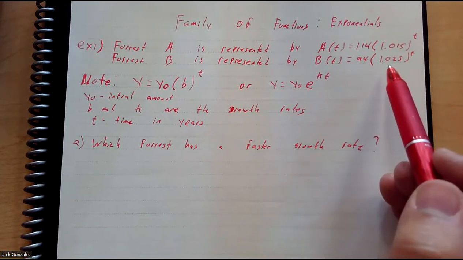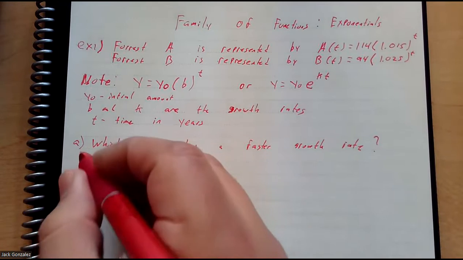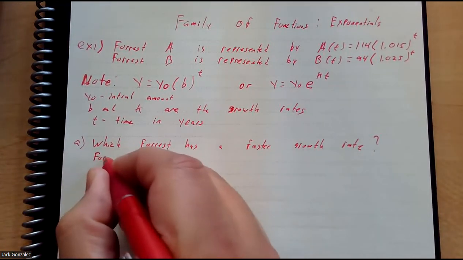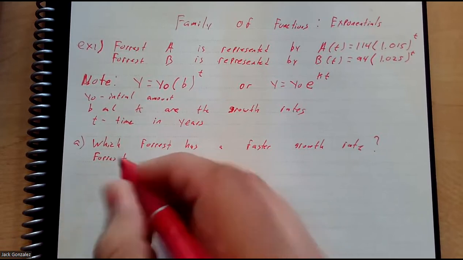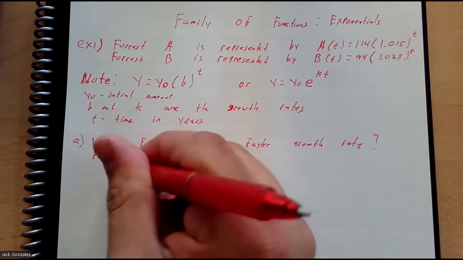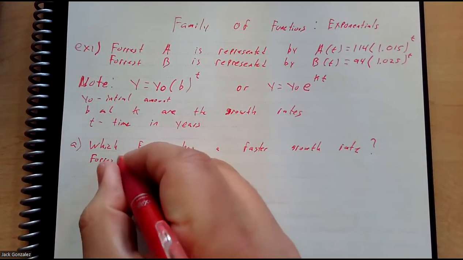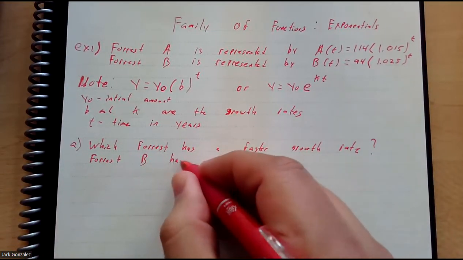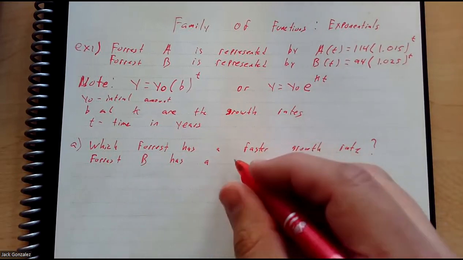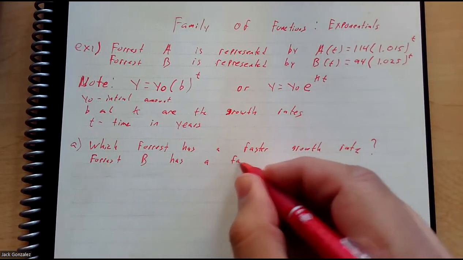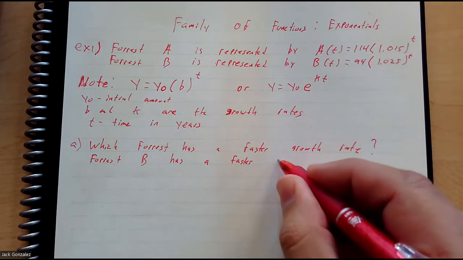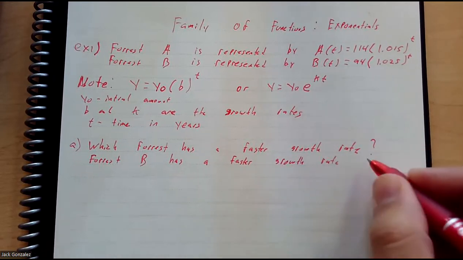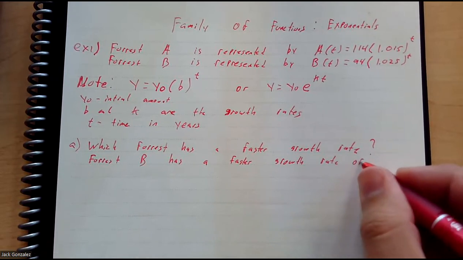So forest B has a faster growth rate of 1.025.